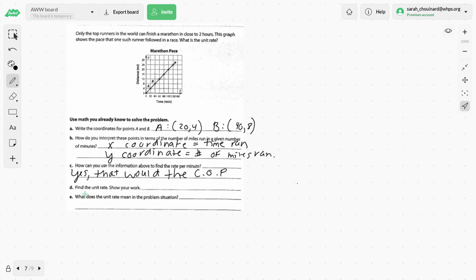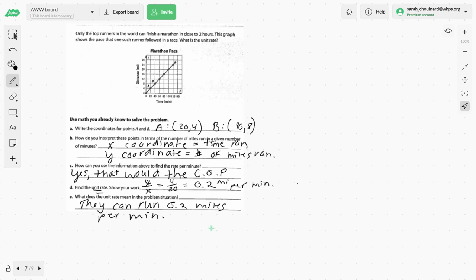So remember, to find the C.O.P or the unit rate, those are the same words, we are doing the Y value divided by the X value. So we're going to do 4 divided by 20, which is going to be 0.2. And we would say 0.2 miles per minute. And so what does this rate mean in the problem? It means that they can run 0.2 miles per minute.